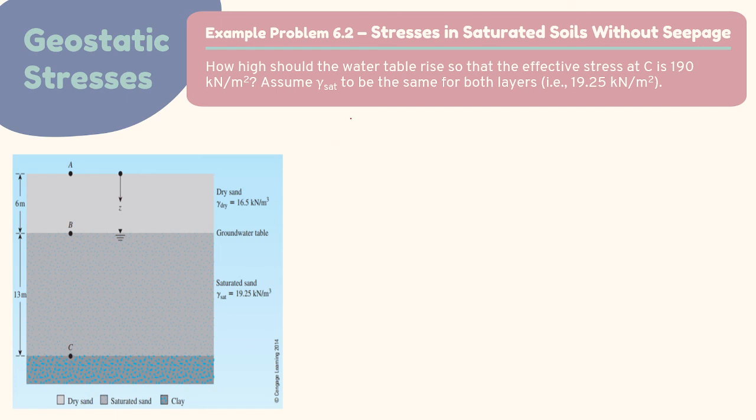Okay, so in this problem, let x be our height of water table. And then we can write the equation. The effective stress is 190 kilonewton per square meter.